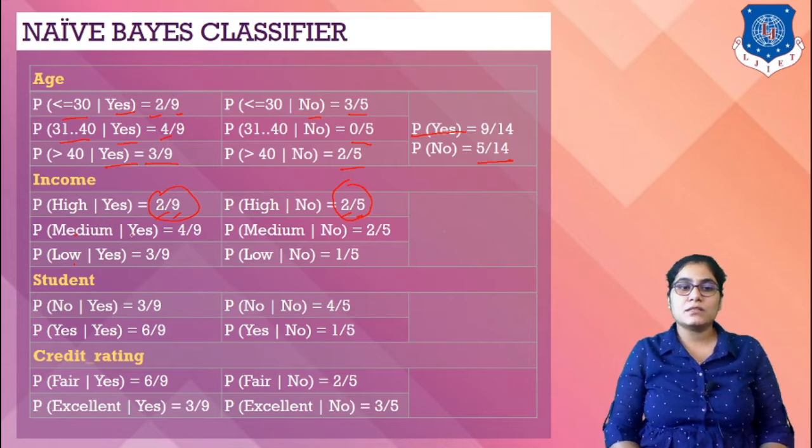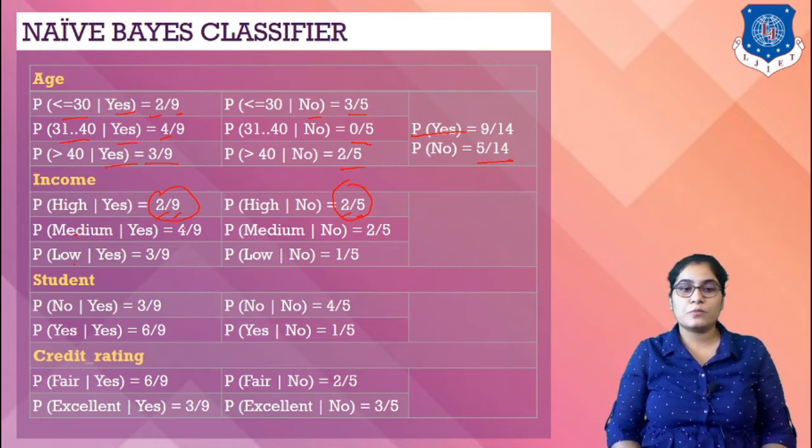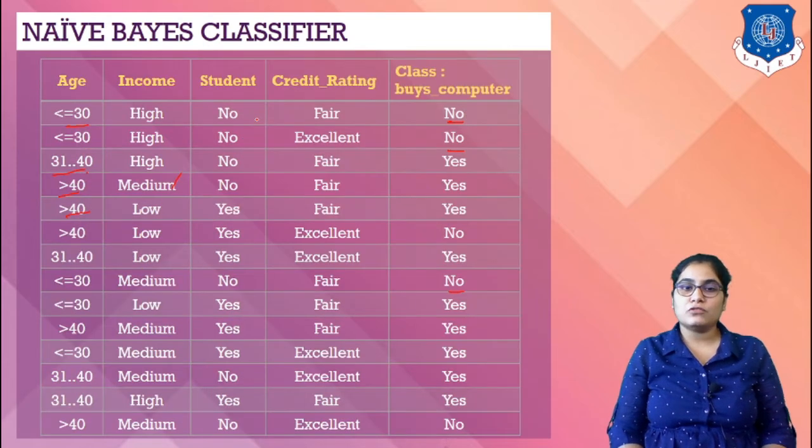Now we will repeat the same step for medium and low income values, and after this we get the values: medium and class label yes 4 by 9, medium and class label no 2 by 5, low and class label yes 3 by 9, low and class label no 1 by 5. Now we have to repeat the same step for the attribute student. Check out of a total of 9 yes class labels, how many tuples have a student value yes?